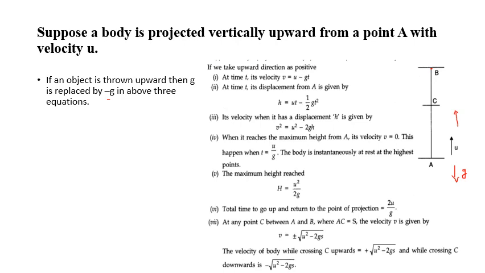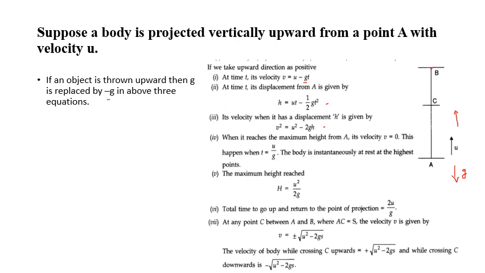So we consider gravitational acceleration as negative. If you substitute g as negative g, these are your equations: v equal to u minus gt, h equal to ut minus half gt squared, v squared equal to u squared minus 2gh. Is that clear?